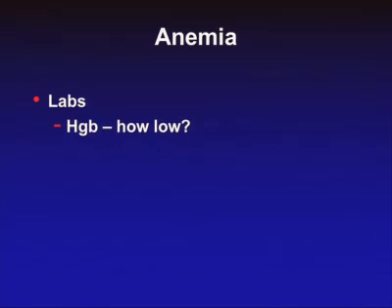And then your simple labs, okay? So when you start with a hemoglobin, I just put out there, how low? Is it a hemoglobin of 2, which takes you in one direction? Is it a hemoglobin of 9, which takes you in another direction? If you tell me someone has hemoglobin of 3 with an MCV of 45, I'm gonna say that kid probably has iron deficiency anemia until you tell me otherwise.